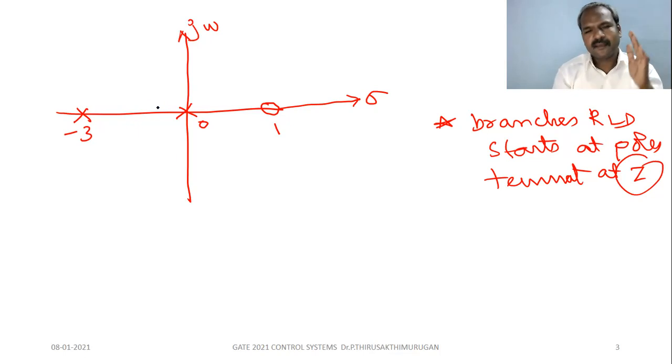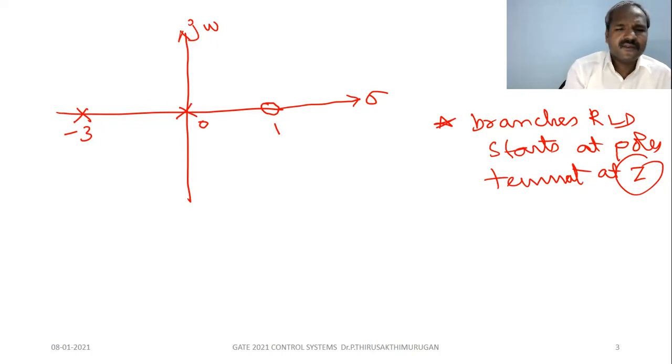The presence of root locus is based on the odd or even number of poles and zeros. We forget about the right half of the s-plane and do the analysis only for the left half.